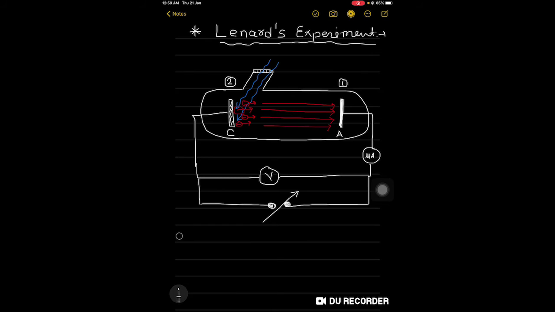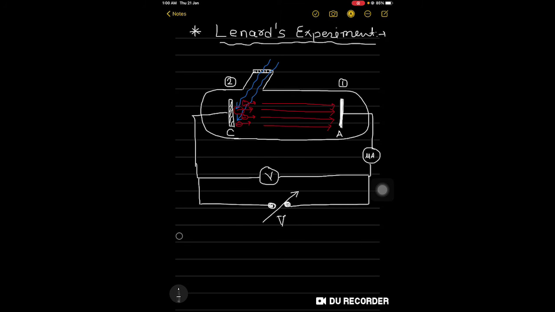Now, Hallwachs and Lenard studied how this photocurrent varied with collector plate potential. So they also changed the potential from the power source, and they analyzed how the current will change. They also observed how the current will change with frequency and with the intensity of incident light.